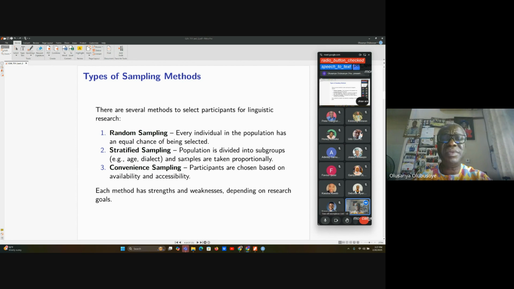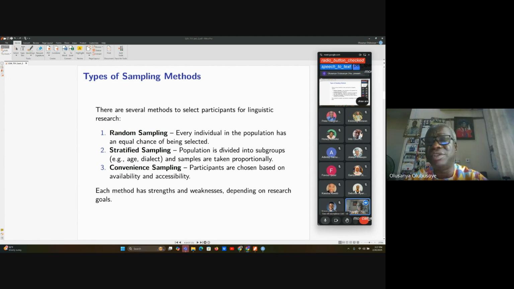So here we are going to talk about three methods, but there are more than three. But for purpose of this discussion and for the demonstration that we will do later, we will focus on three.